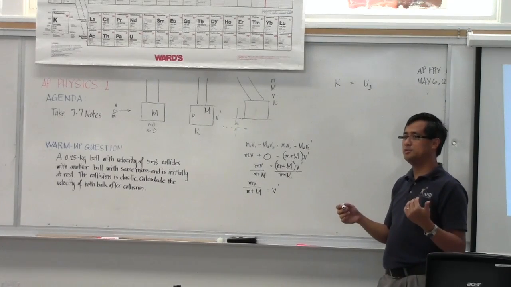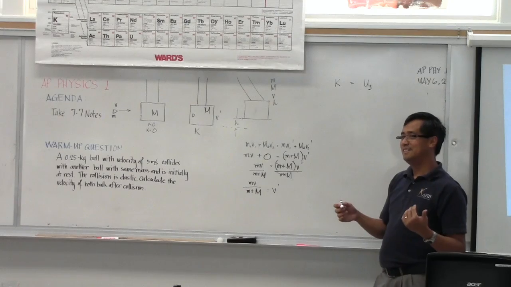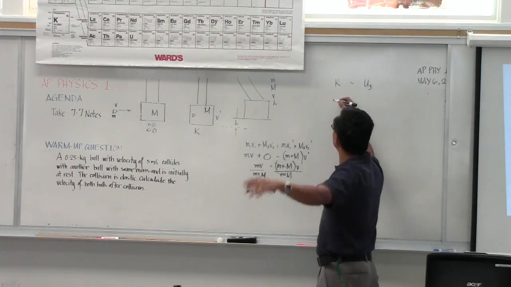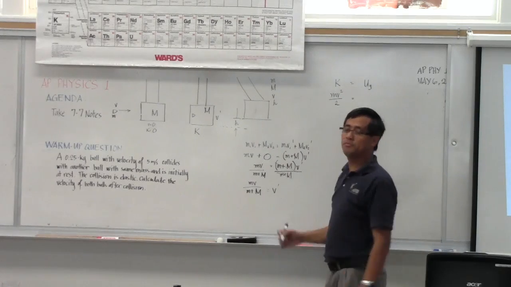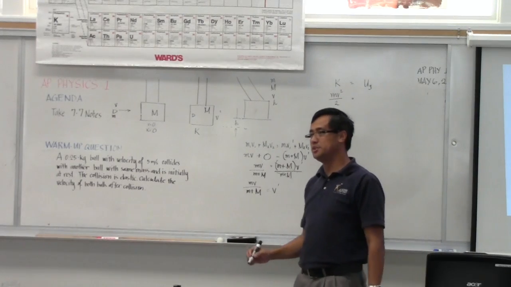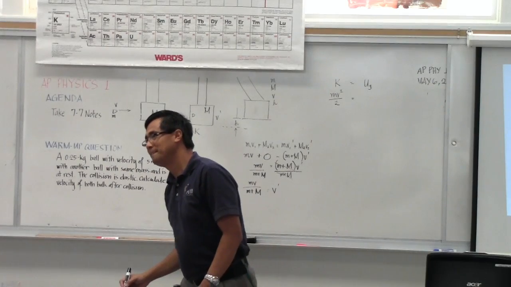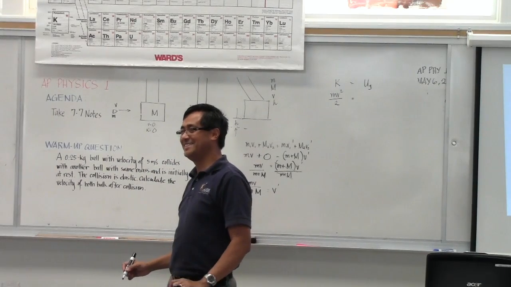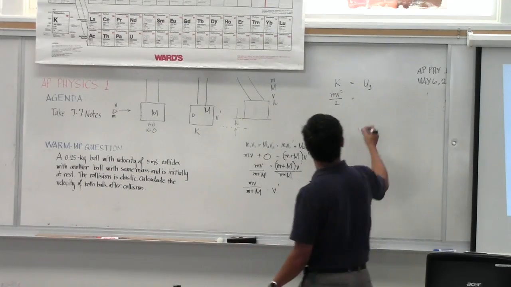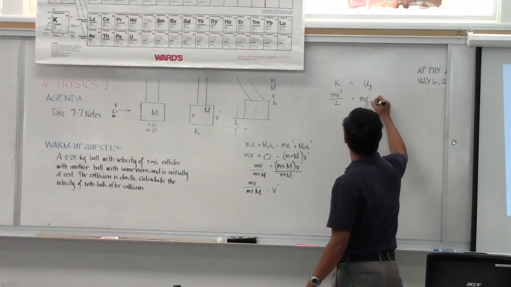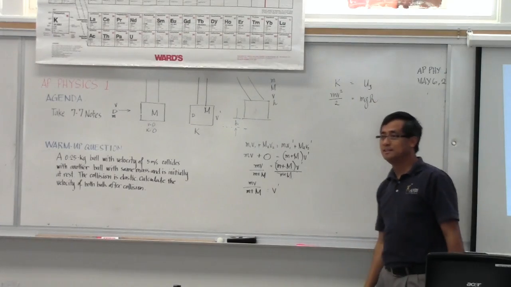Kinetic energy is mv squared over 2. What's the formula for gravitational potential energy? mgh. Awesome. That's the formula, isn't it?